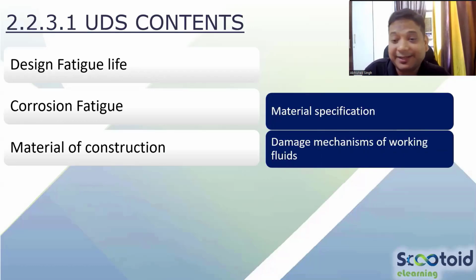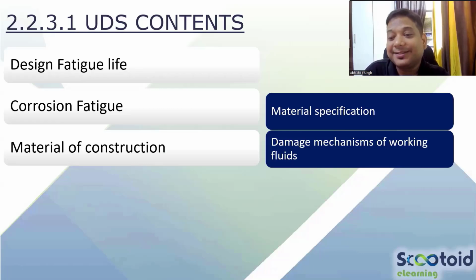That material of construction can be mentioned definitely with the full name. Okay. But even if you mention it like carbon steel, okay, or stainless steel with 304 stainless steel, that much is good enough. Okay.